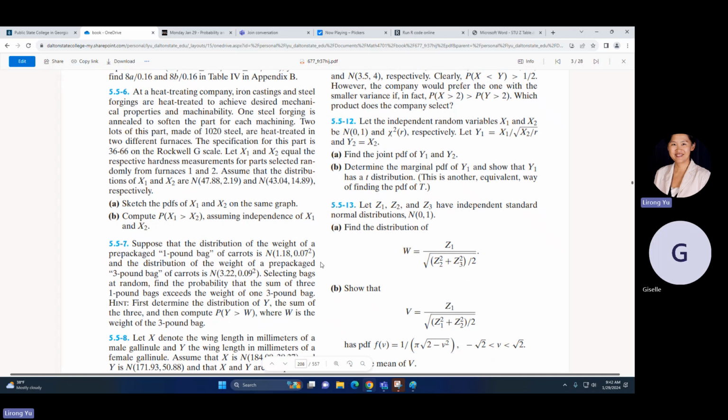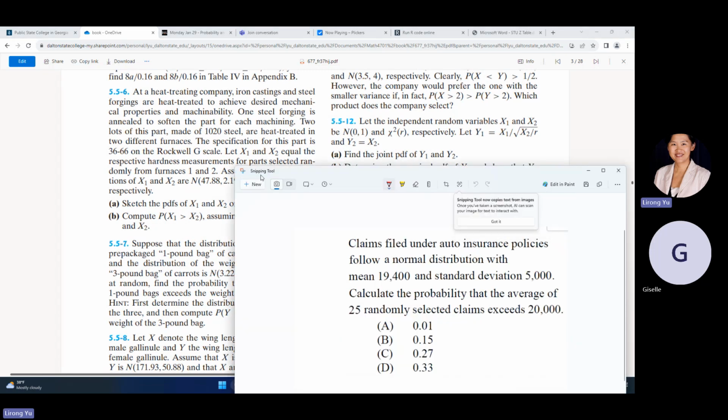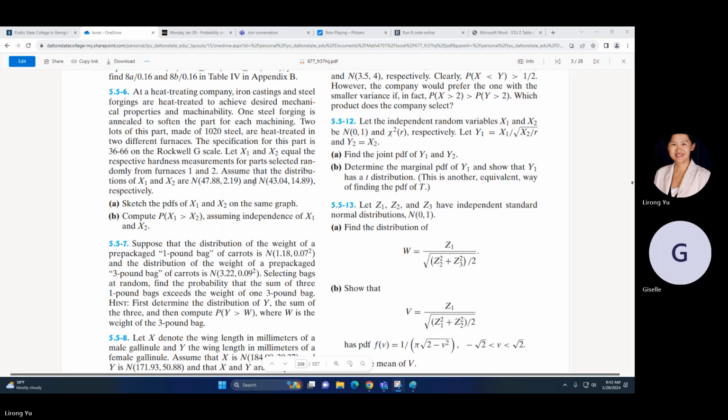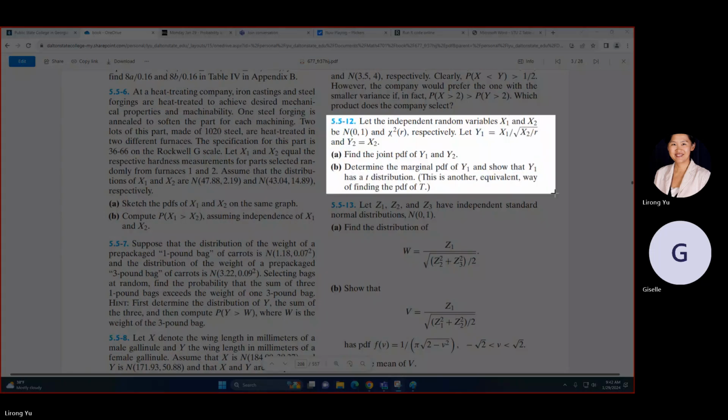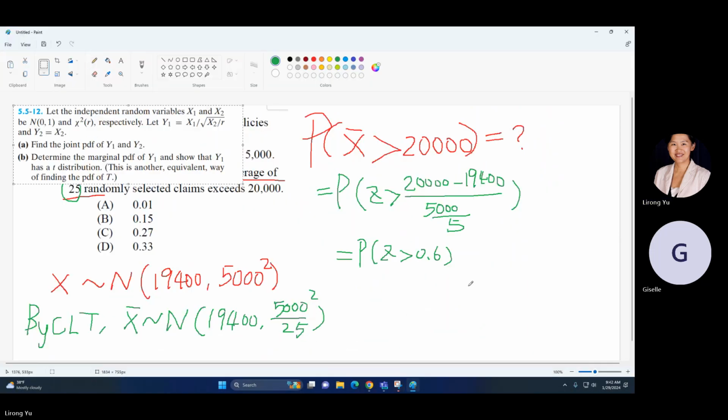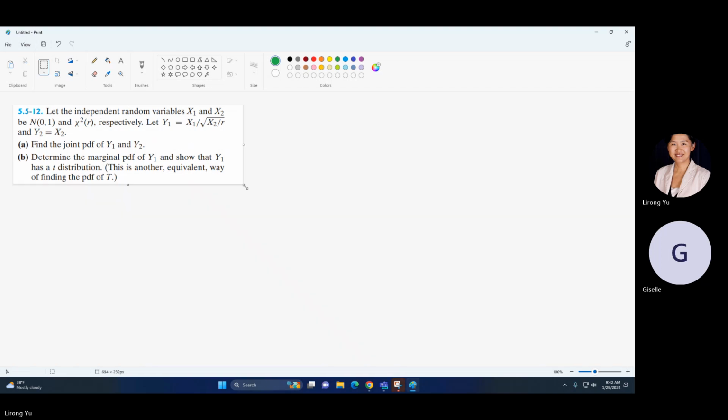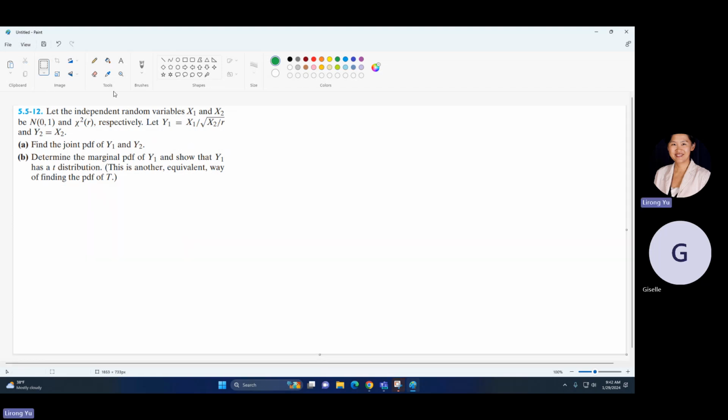Let me copy this question. Right, so first we will find the joint density between X1, X2. So then that will be like f of X1, X2 is equal to, right? We're able to write it because X1, X2 are independent.